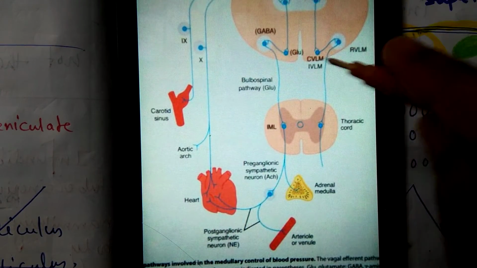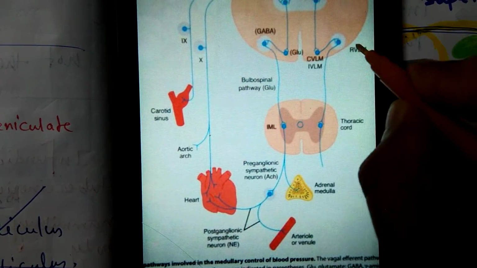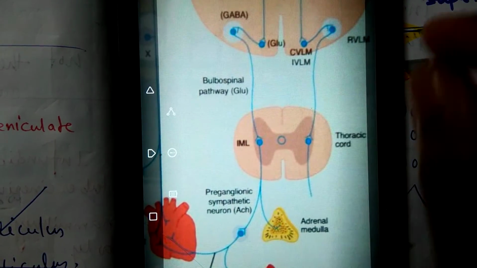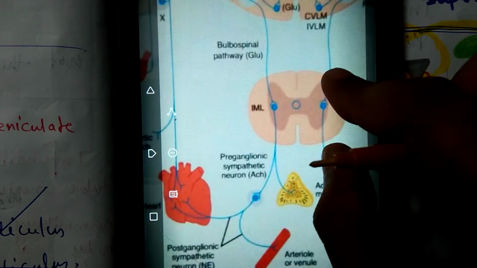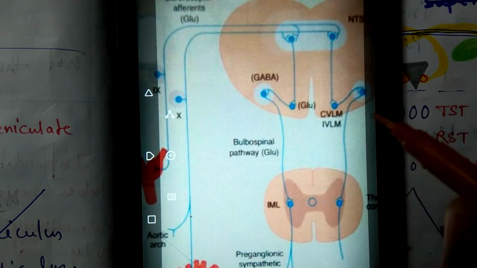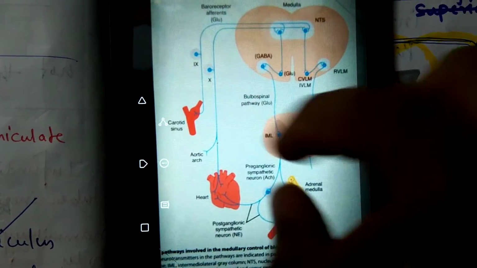Okay, fine. So how is this RVLM inhibited? RVLM is generally a tonically active center. That means it remains active each and every moment until it is inhibited by our caudal ventrolateral medulla. Now look here, the carotid sinus.